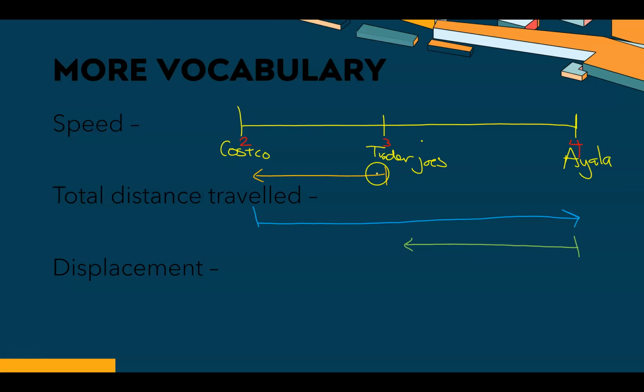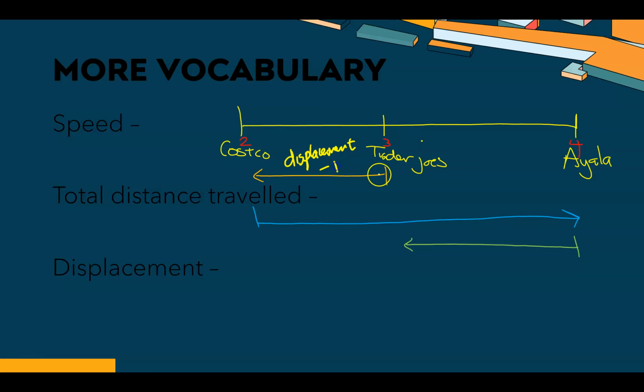So if we start at Trader Joe's and then we drive to Costco, that's a displacement of -1. Because what we're saying is you are 1 mile in the negative direction from where you started. The total distance traveled at that point would be 1 mile.